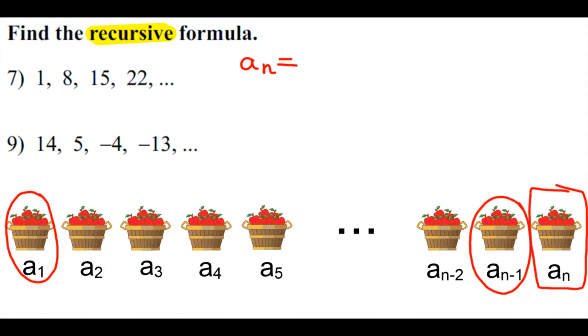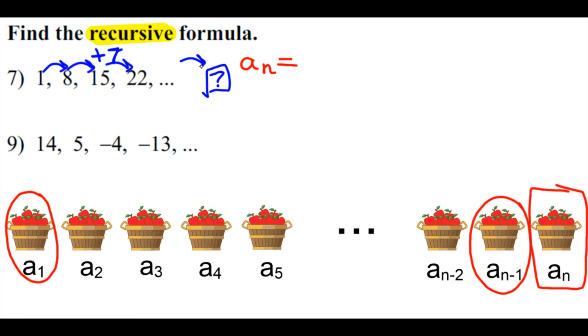So if you look at the numbers in this sequence, you should notice pretty quickly that you're adding 7 to get from number to number. And so whatever number it is off in the future here, in order to get there, you must have added 7 to get there. So think about it in terms of the bushels of apples.